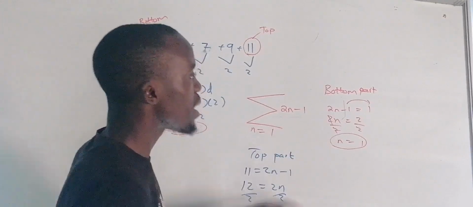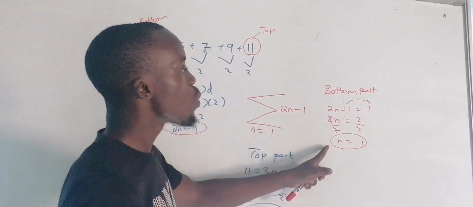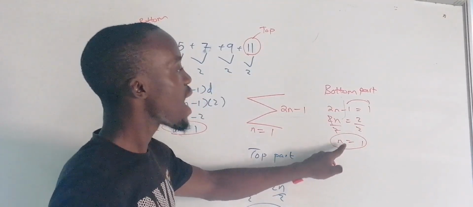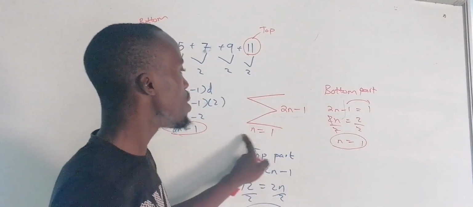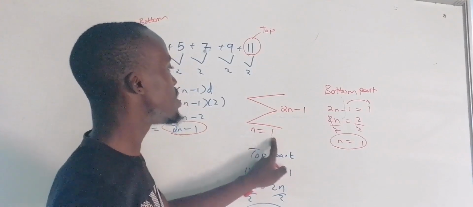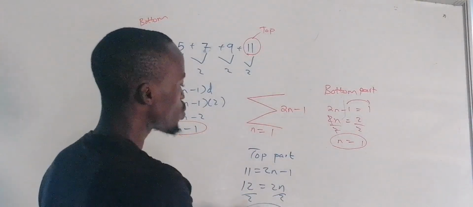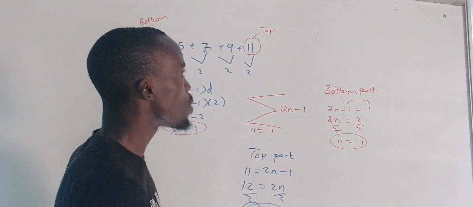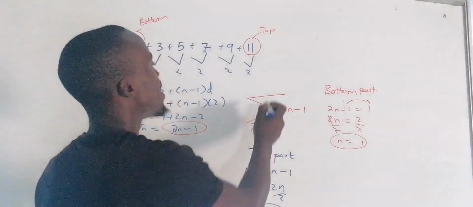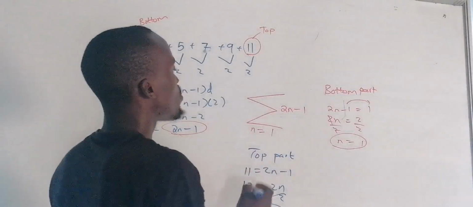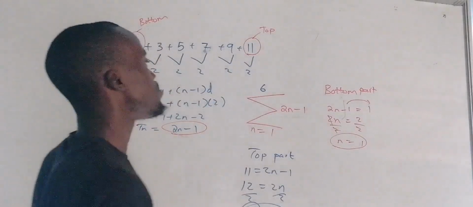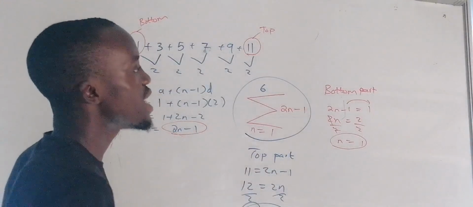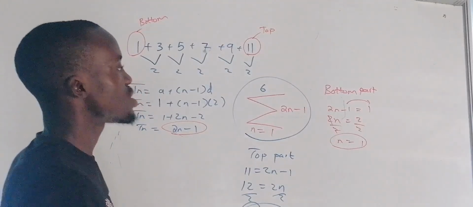But remember, on the bottom part we took the answer and the n, we substituted it on the bottom. But for the top part, we only take the answer, not the n. So it will be 6 here. So you have written it in sigma notation.